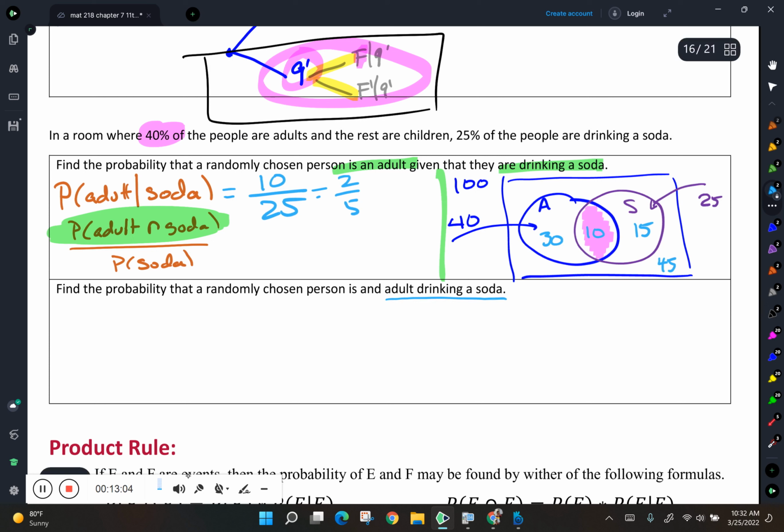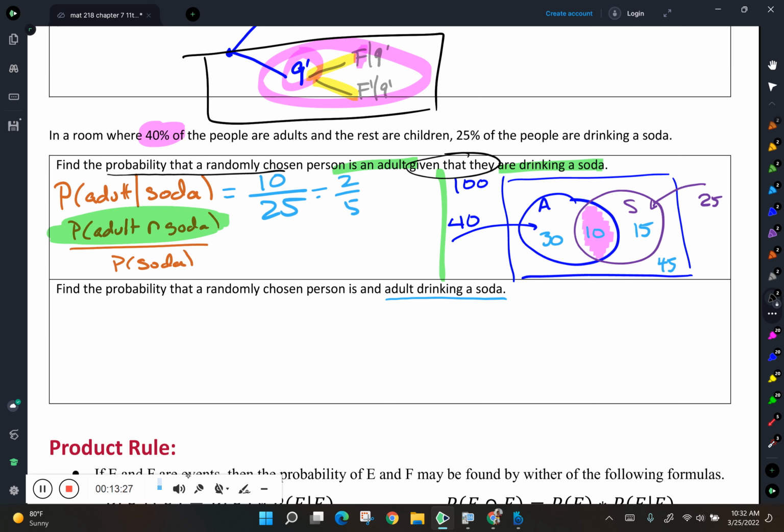What's the probability that they're an adult drinking soda? All right, now here we get into that question of how do I know when it's conditional probability and how do I know when it's not? The first one was conditional probability because it has that classic "given that" statement, the idea that two things are happening in sequence. This second one doesn't talk about anything but sequence.